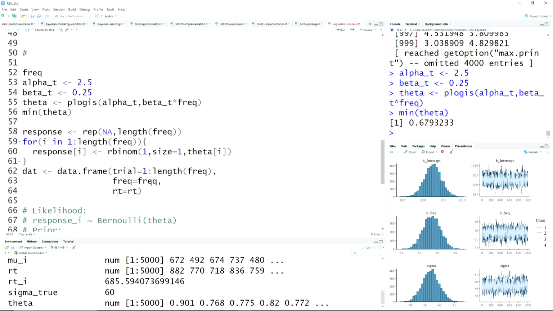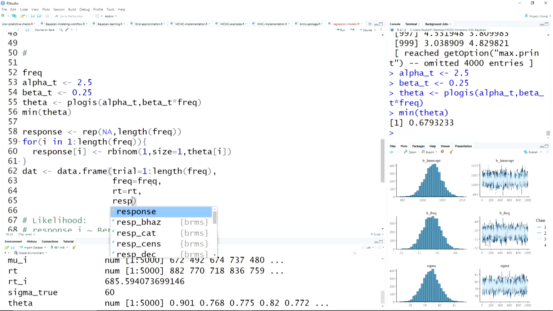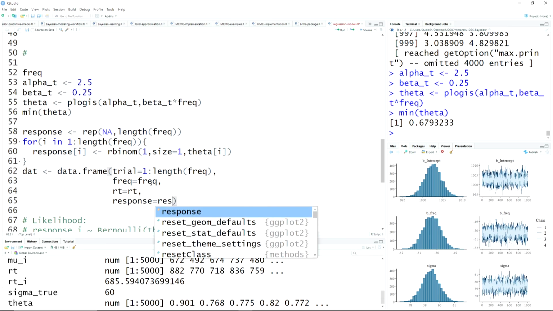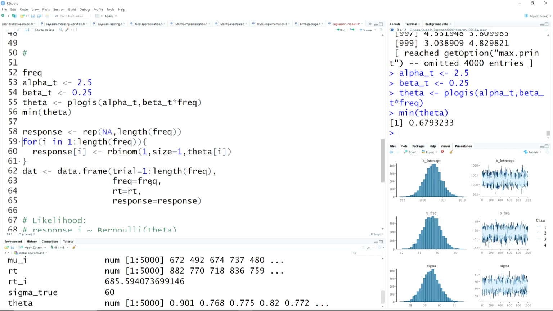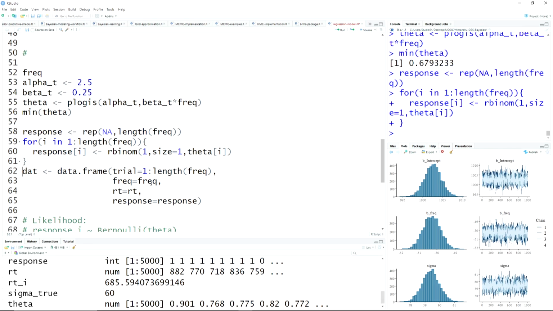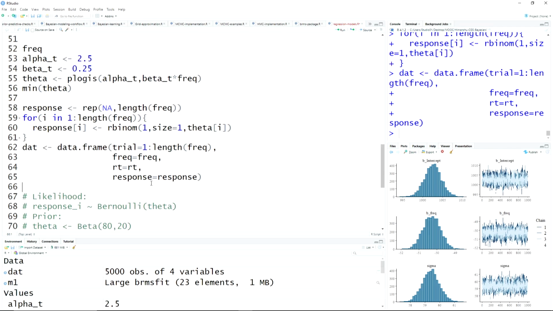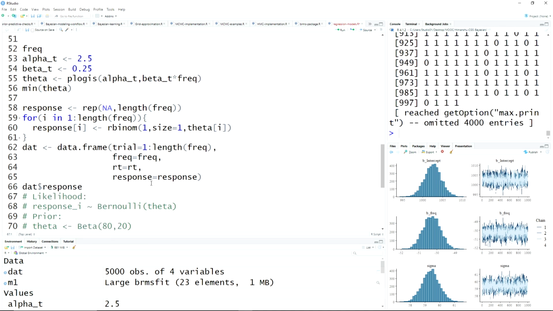Now along with RT, I can record response. So if you visualize response, it's like this. So now you have data containing recognition times as well as responses 0, 1, 0, 1 as a function of frequency. So I've generated fake data of that sort.